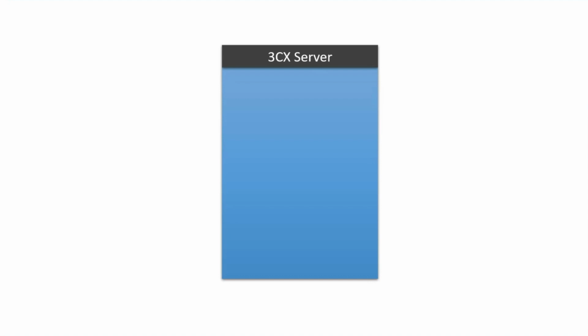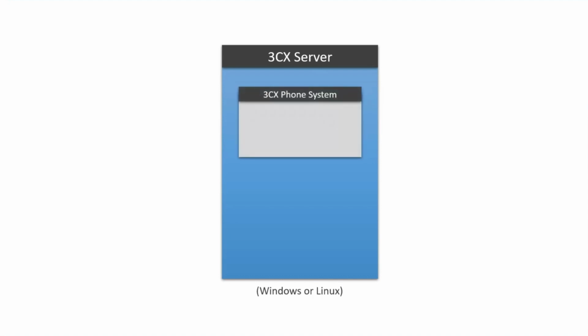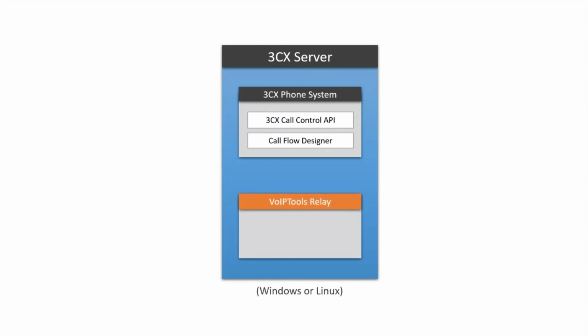So we're going to start with a server that's running 3CX. And on that server, which could be either Windows or Linux, you're going to obviously install the 3CX phone system. And then in addition, part of the phone system is the 3CX call control API and the call flow designer.